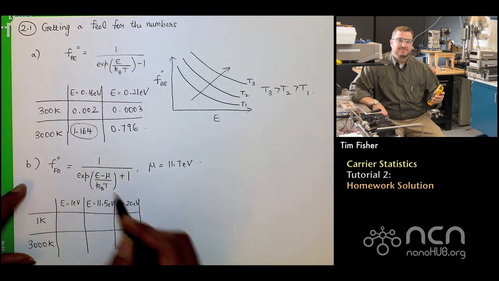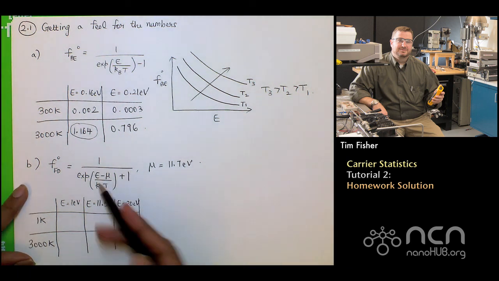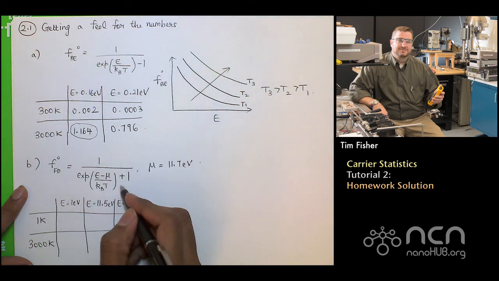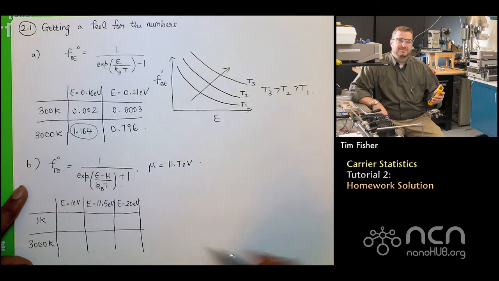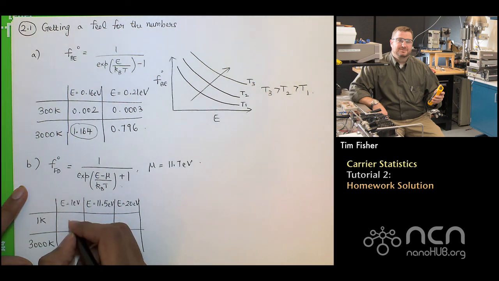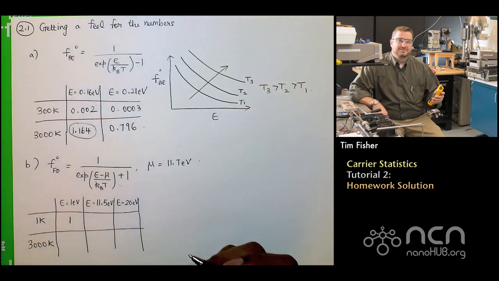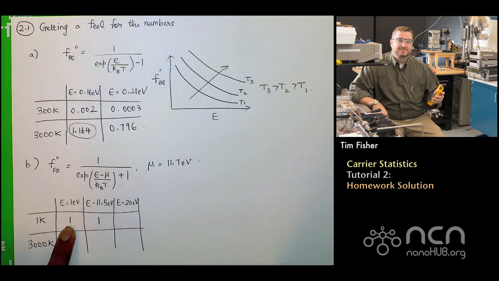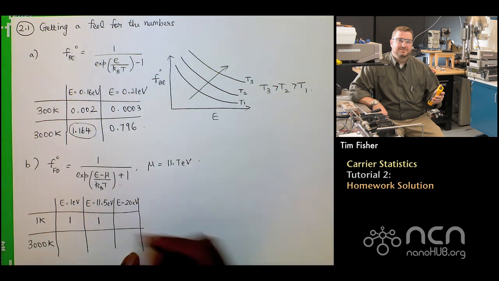Now again, just plugging in the values for the energy and the electrochemical potential and the temperature, we can calculate it from this expression over here, and this turns out to be: at T equal to 1 Kelvin, the distribution function comes out to be 1 for E equal to 1 electron volt, and even for E equal to 11.5 it's 1, and for E equal to 20 electron volt it comes out to be 0.